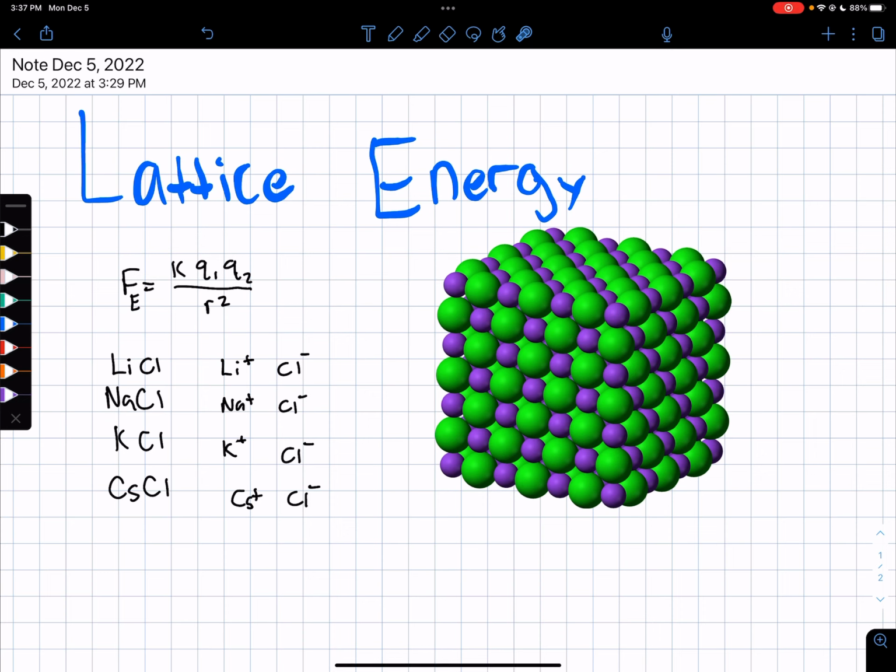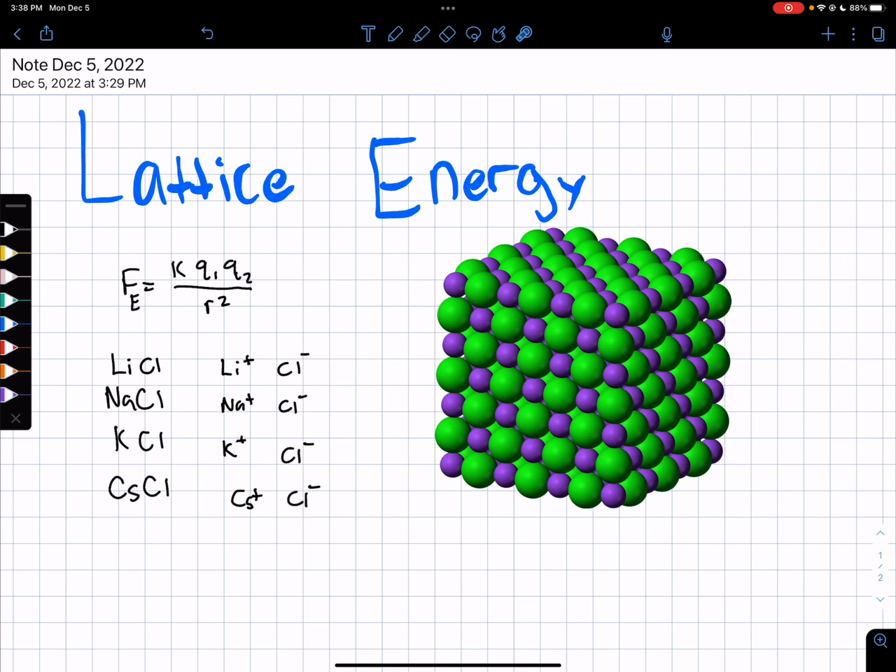So what does that mean? As you have a larger radius, the electrostatic force will be lesser and lesser. So as the radius increases, there will be less force acting upon the molecule. If there is less force, it would take less energy to maintain the lattice.